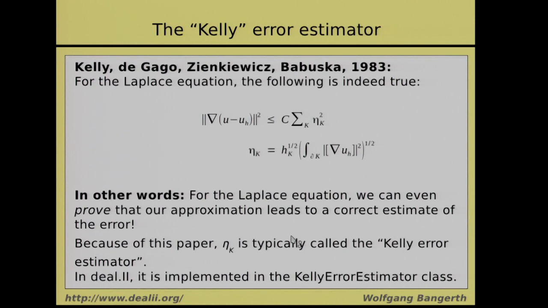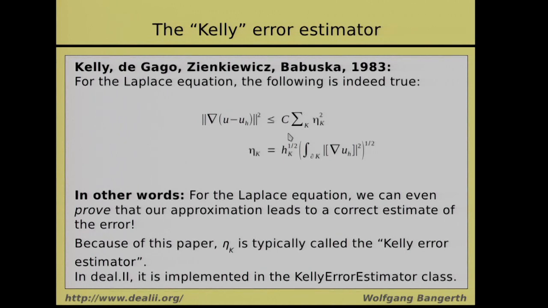So what they show is that with this eta k, defined like I did in the previous slides, the error is indeed bounded by, now I really need the constant, times a sum over all of these terms squared when I have the squared over here. So in other words, the error indicator that I had for the Laplace equation in Q1 elements really is an error estimator.